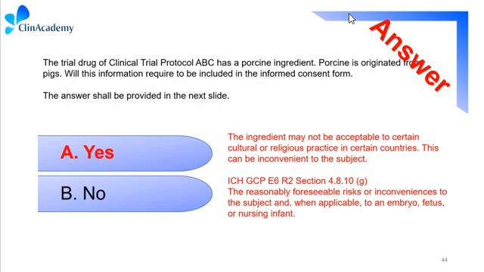The answer is yes. The ingredient may not be acceptable in certain cultural or religious practice in certain countries. This can be inconvenient to the subject, and this is based on ICH GCP E6 R2 section 4.8.10.